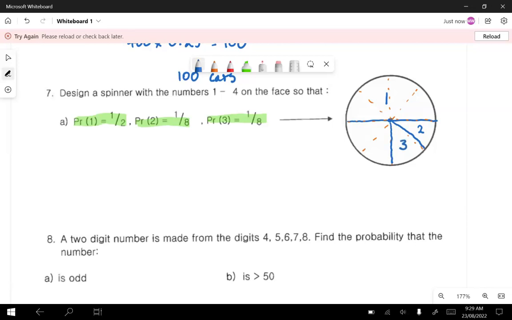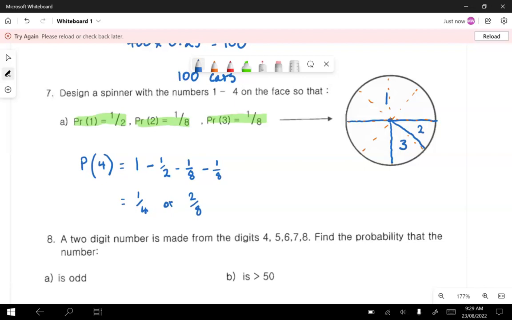And that just leaves the probability of 4. Now, we might have 2 possible answers here, I think, because we can see really clearly from the picture that we're drawing that we've got a quarter of this left. But if you need to do this mathematically, we can say if we take the whole spinner and we take away the half that represents 1, and we take away the 1/8 that represents 2, and we take away the 1/8 that represents 3, we'll be left with 1/4, or 2/8.